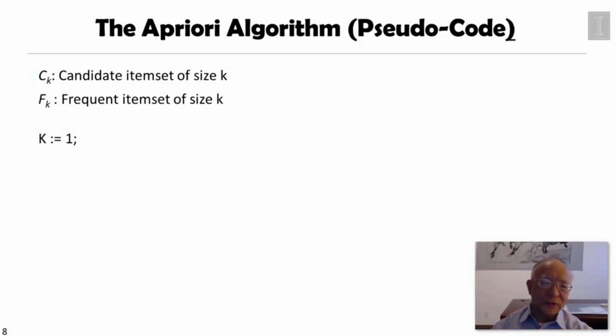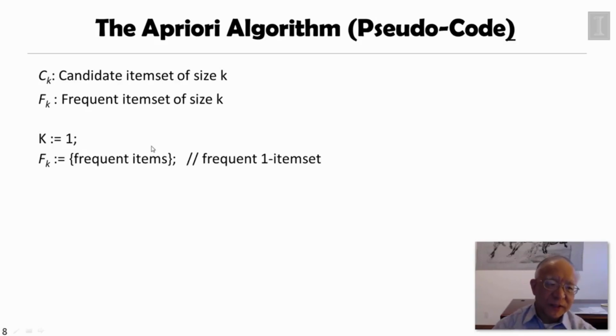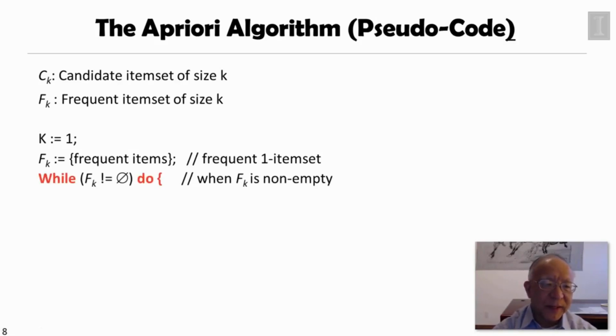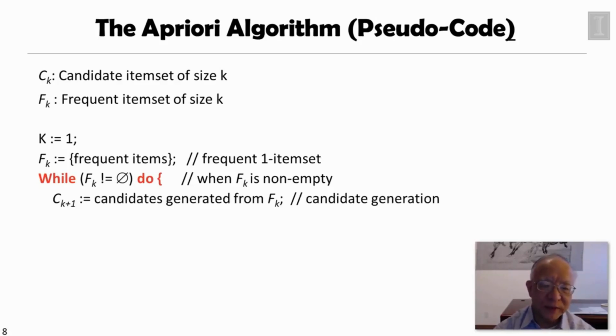Let's look at the pseudocode. We set C sub k to be the candidate item sets of size k, and F sub k to be the frequent item sets of size k. Initially, we just get frequent one item sets. Then we get into the loop. Suppose the frequent k item set is not empty, then we use the frequent k item sets to generate k plus 1 candidate item sets.